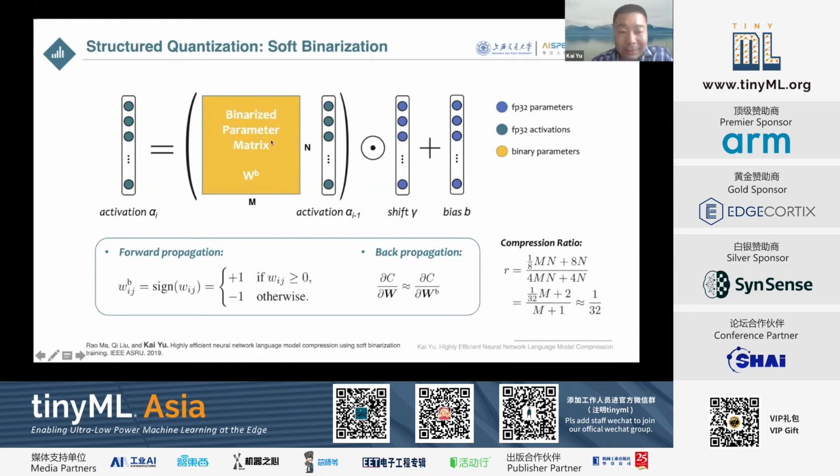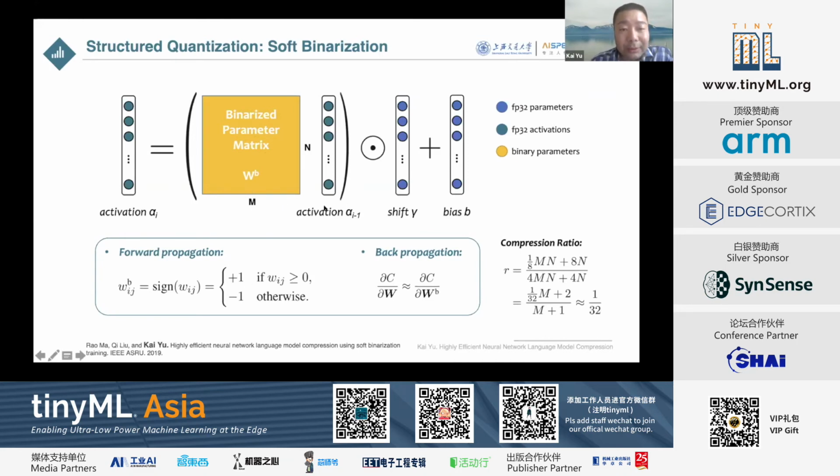We only use that for the parameter matrix, but we also introduce some scaling float vector to recover the performance. So our bias, and when we calculate the activation, we all use 32-bit real values.